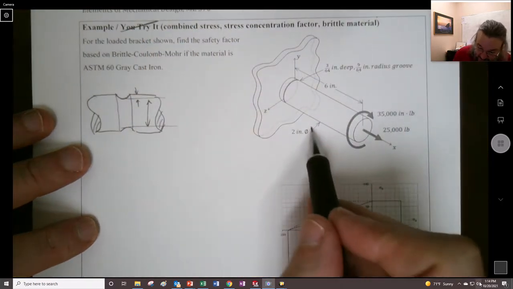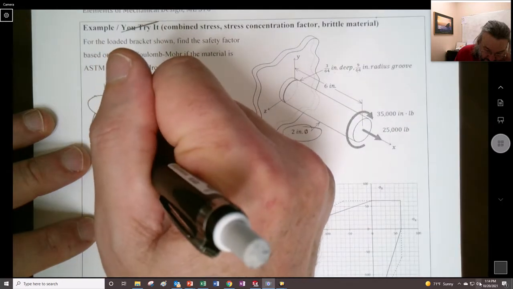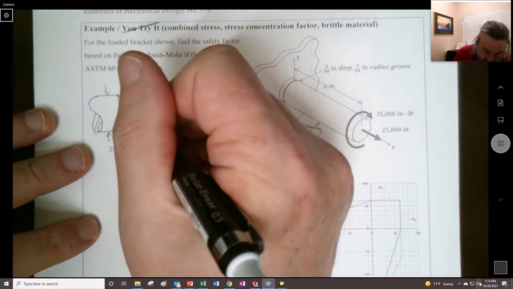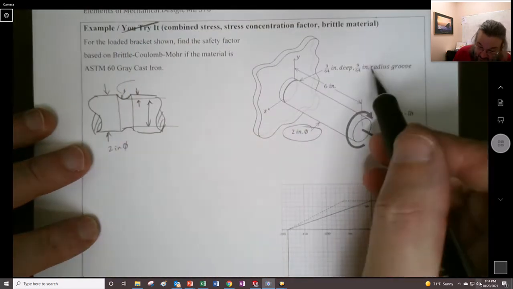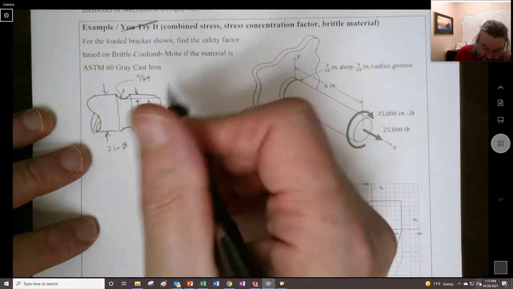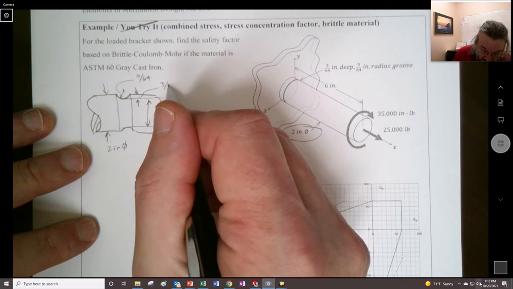If this main guy is 2 inches, so right here is 2 inches diameter, and that radius right there, that's something we're going to need, is 9/64. We'll look that up here in a second. And this depth right here is 3/64.